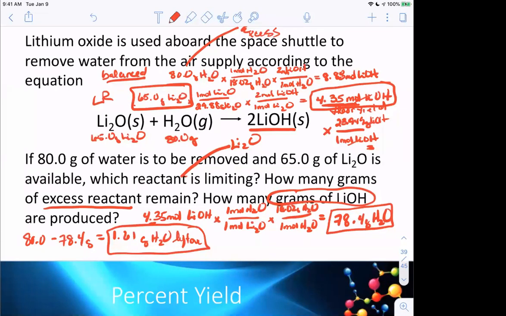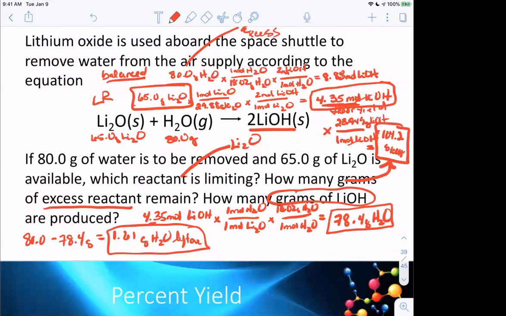Moles cancels. So I have 4.35, which is my theoretical yield of lithium hydroxide in moles. Multiply that by the molar mass of the lithium hydroxide. And this is 104.2 grams of lithium hydroxide. So this is the answer here.